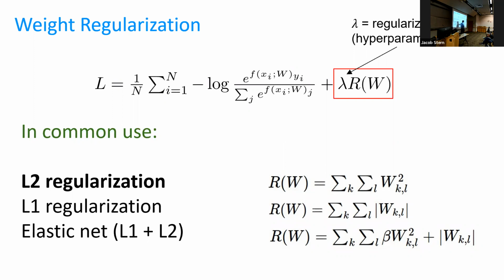The second one is called L1 regularization, and it penalizes the absolute value of our network weights. Then this last one is a weighted sum of L1 and L2, and that's called elastic net regularization. Can you think of why penalizing the square of our weights or the absolute value of our weights could prevent overfitting?